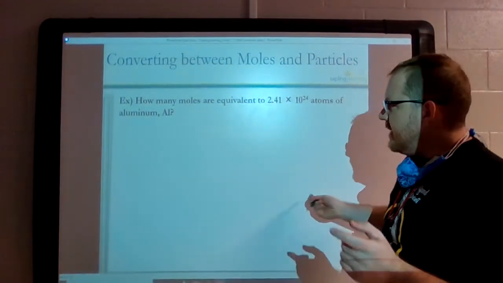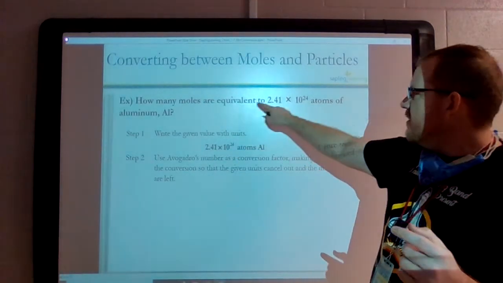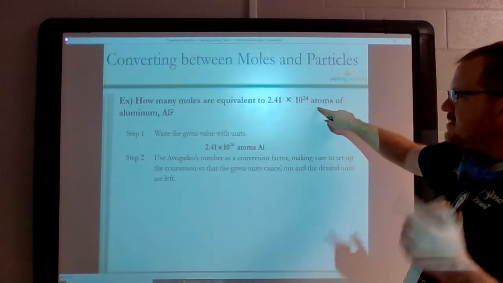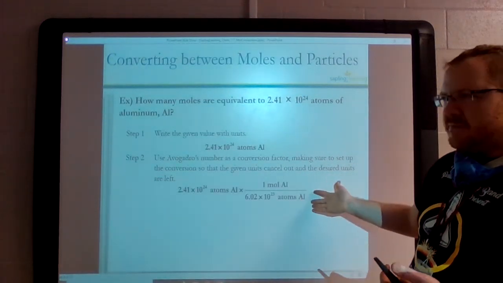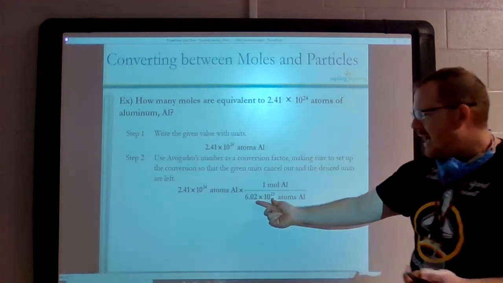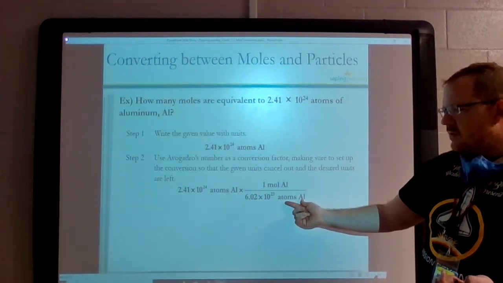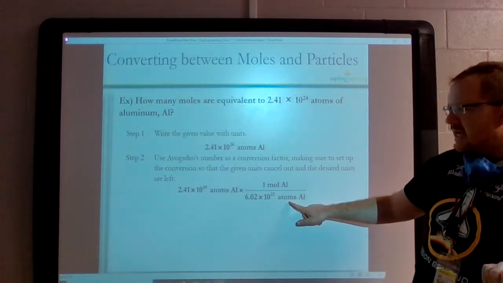And so if we come back here, we will see that they got to the exact same answer. They took the 2.41 times 10 to the 24th. That's the number of atoms they gave us to start off with. And then they want to convert to moles. So they set up the equation just like we had it set up over there. You're going to divide by Avogadro's number with atoms, because if atoms are on top and atoms are on bottom, they will cancel out.